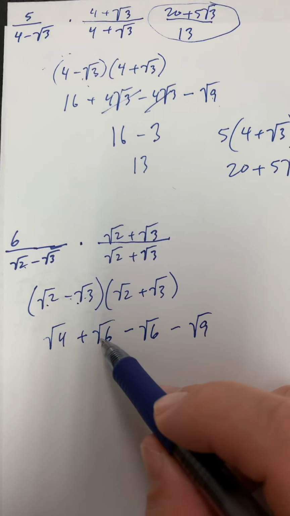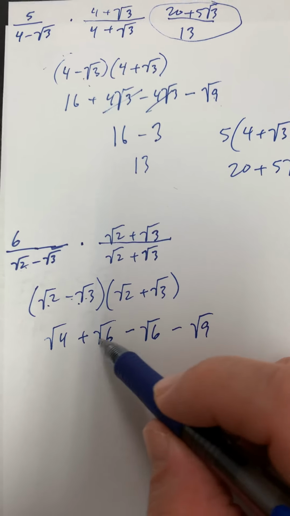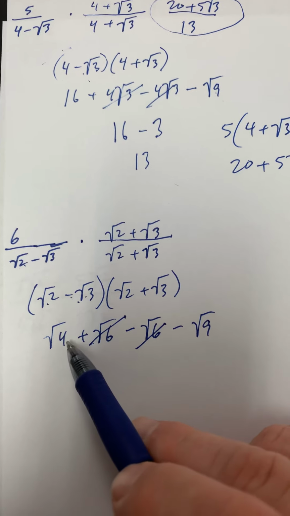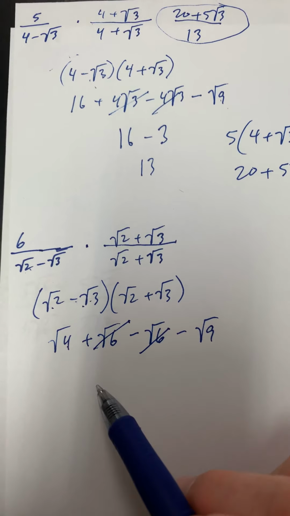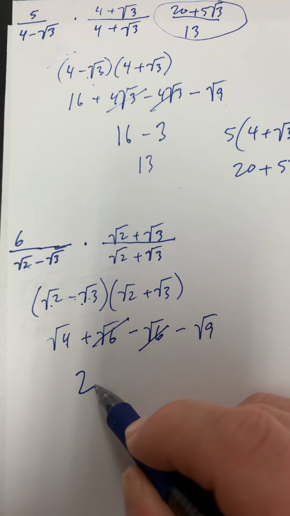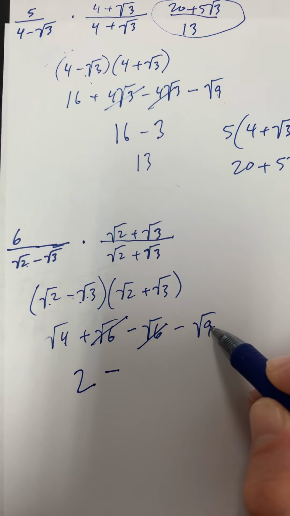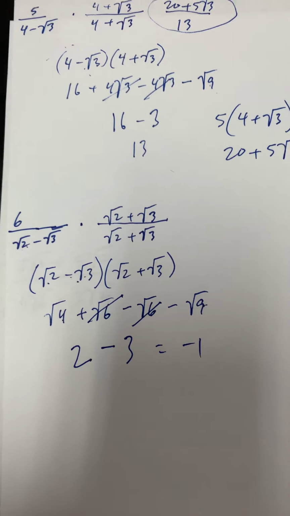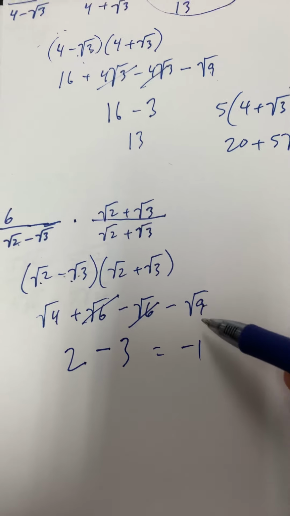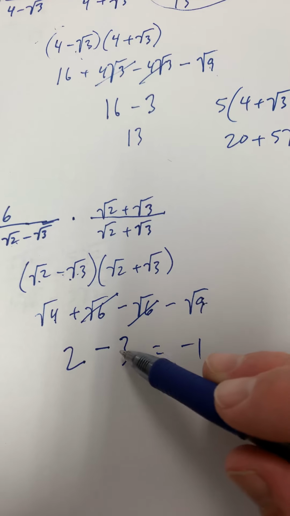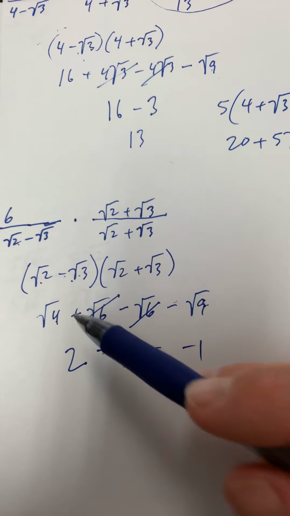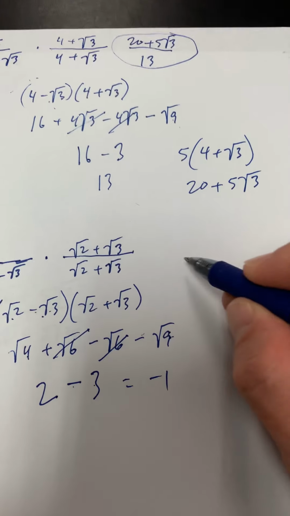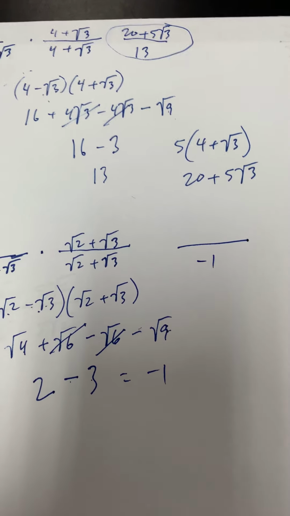So again, when you multiply by the conjugate, it causes the two middle terms to cancel out. The square root of 4 is 2, the square root of 9 is 3, and 2 minus 3 is negative 1. So our denominator here is going to be negative 1.